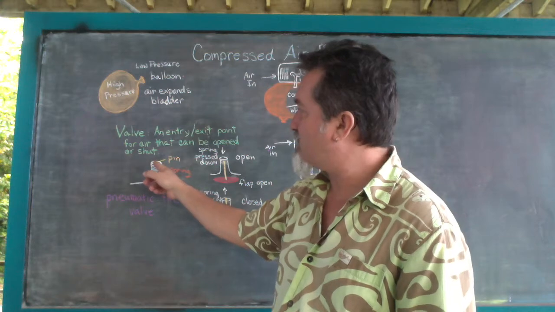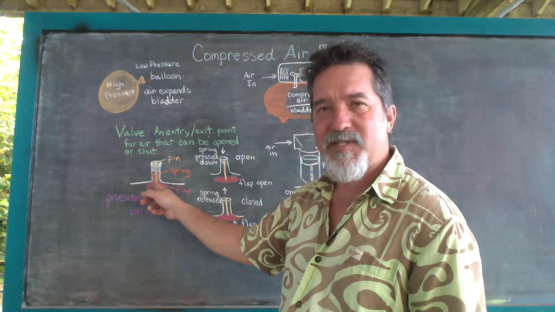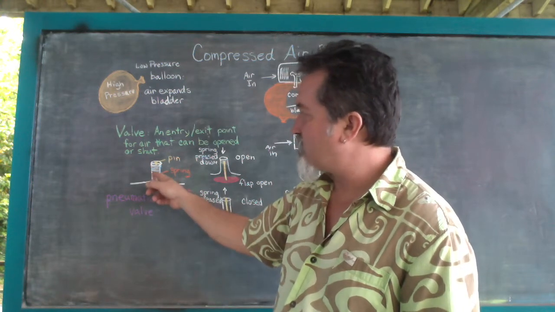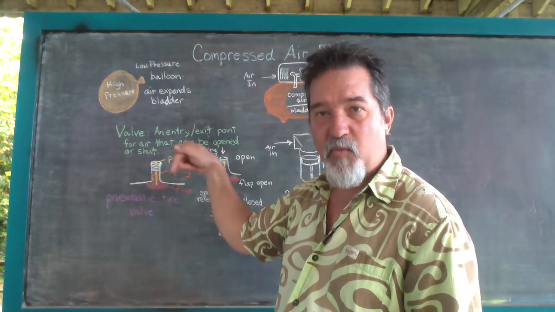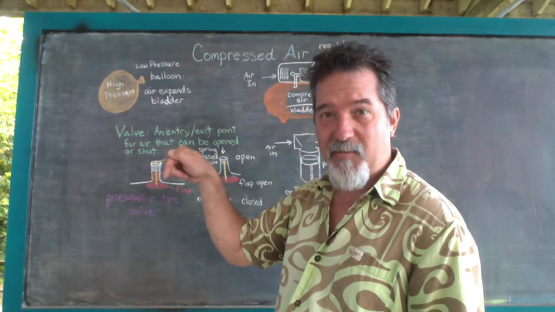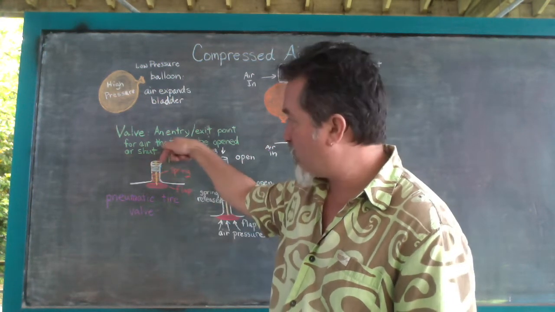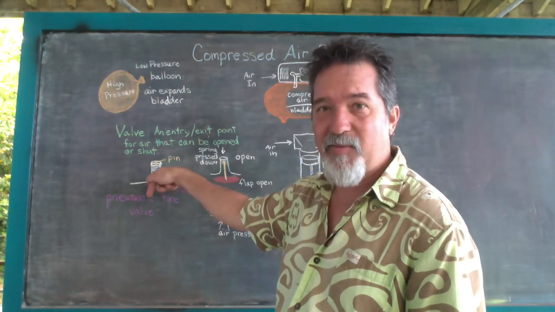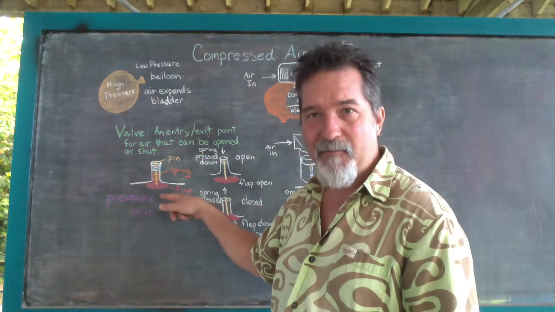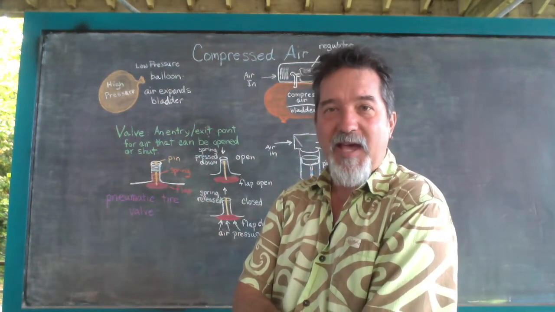And then it has a pin running down the center of this shaft. This pin is attached to a spring, meaning when we push the pin down, the spring will want to push that pin back up. We have to put force on the pin to release it and push it down. At the bottom of the pin is a flap. This flap is the valve itself.